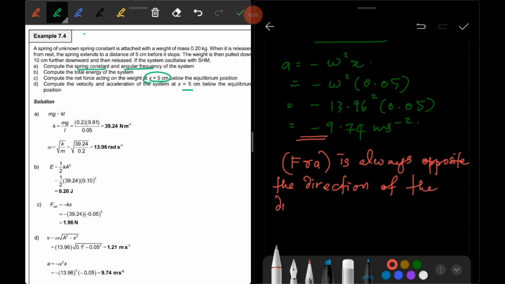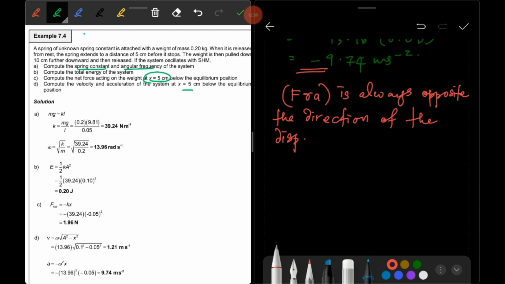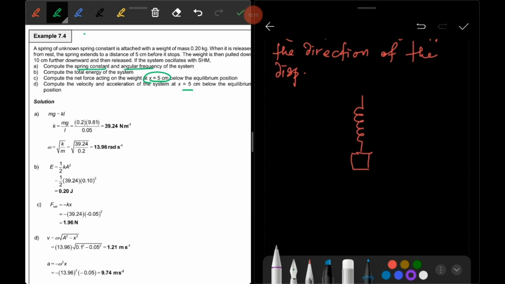That means, for example, here the spring and then the object. Someone pulls, for example from here to here, here is 5 cm.